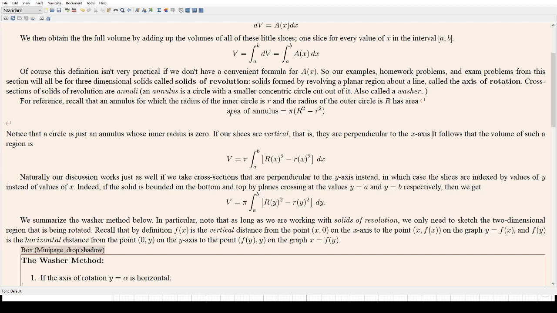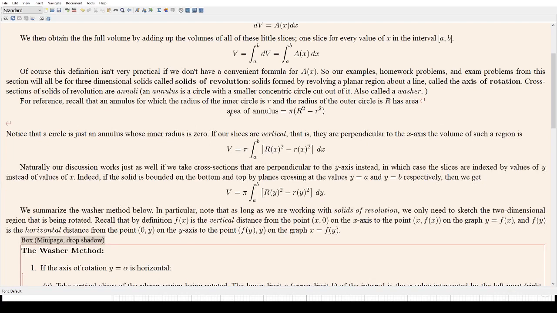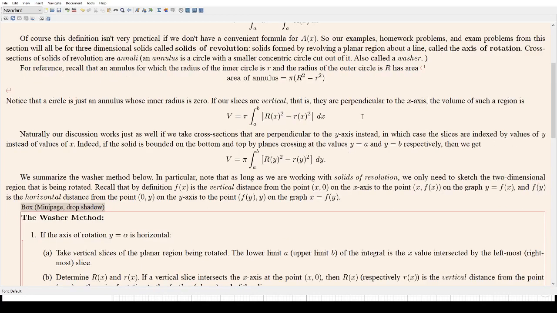So if our slices are vertical, that is, they're perpendicular to the x-axis, then the volume of our region is given by this formula. The significance of the slices being vertical means that the outer and inner radii of the cross-sections are going to be functions of x, because we are slicing on the x-axis.